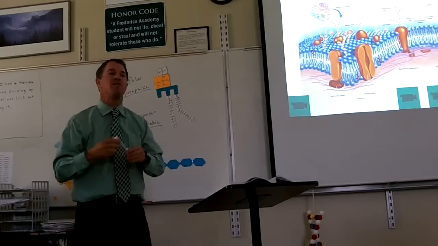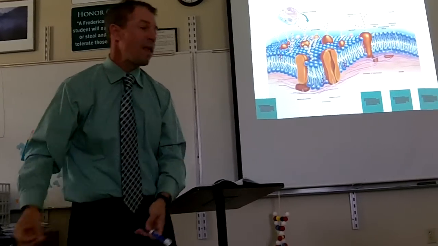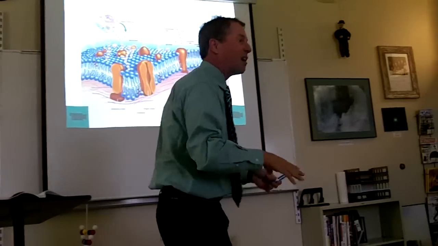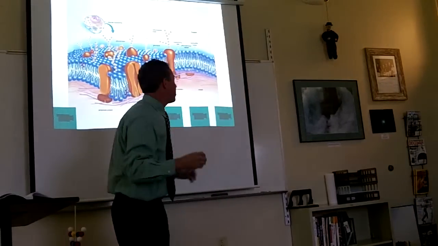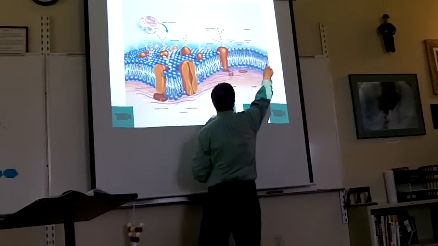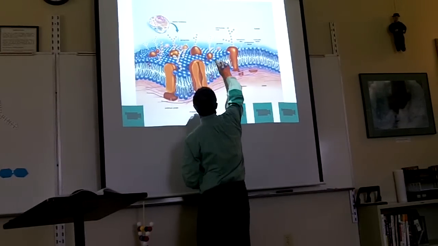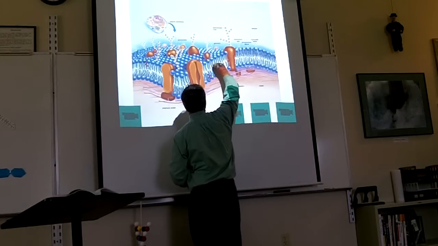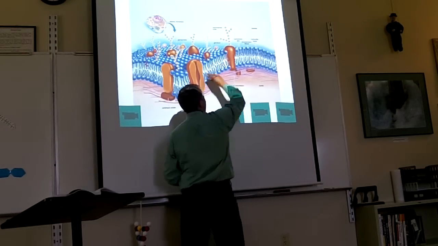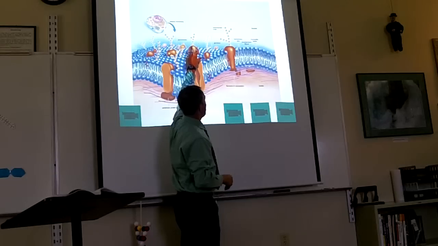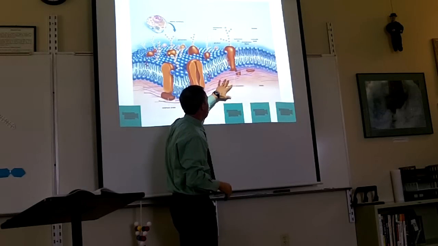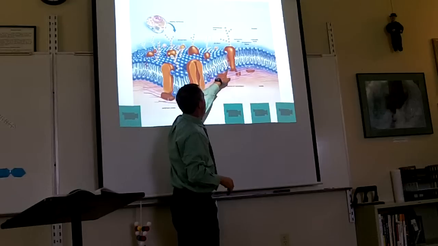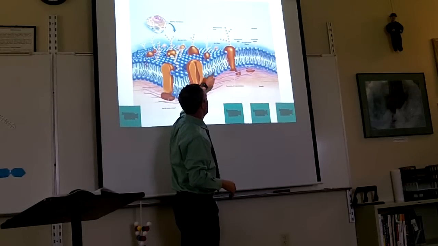So if you take a bunch of these phospholipid molecules and you just throw them into some water, they're going to naturally configure themselves into this arrangement here, with the hydrophilic heads facing outward and the hydrophobic tails all huddled together on the inside. There's water out here, there's water in here, and the heads all point toward the water and the tails point away from the water.